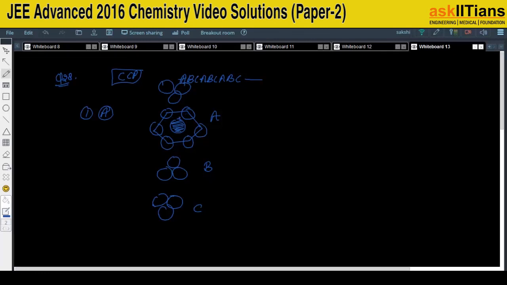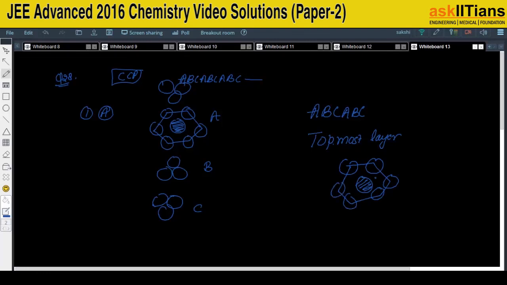So now he is clearly talking about the ABC pattern, but specifically he has written the words topmost layer. So topmost layer means what? You just have to consider 1, 2, 3, 4, 5, 6 in layer number A, and then another layer number B. That means 6 atoms from this layer and 3 atoms from this layer.